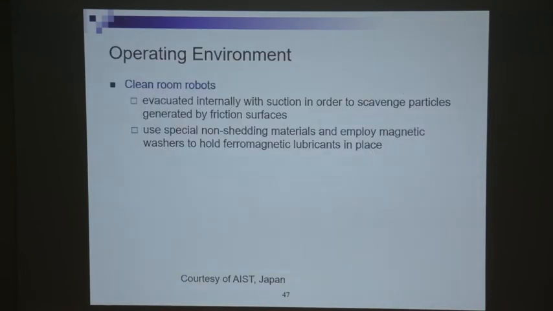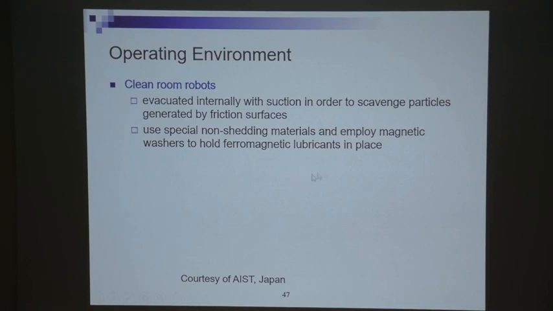When you are designing the robot, you also have to consider the operating environment. For example, if the robot is to be used in a clean room environment, you have to evacuate internally with suction in order to take away all the particles generated by the friction surfaces.